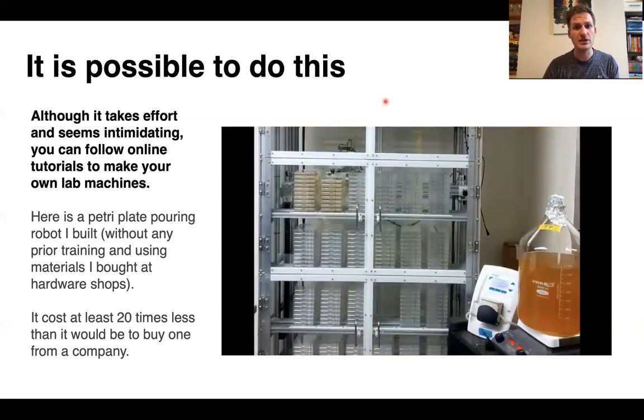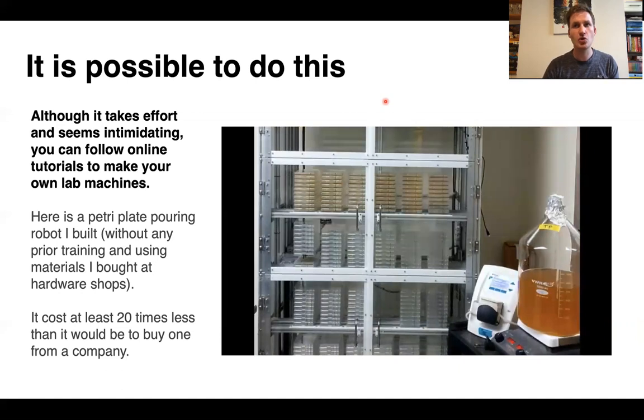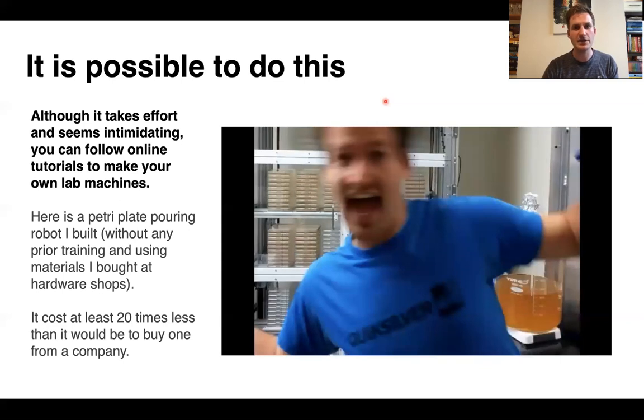And we built this for far cheaper than you could buy. So if a piece of equipment is the true limitation, it is possible to do it yourself. I know it is daunting and intimidating, but it is possible. And there are tools out there to help.